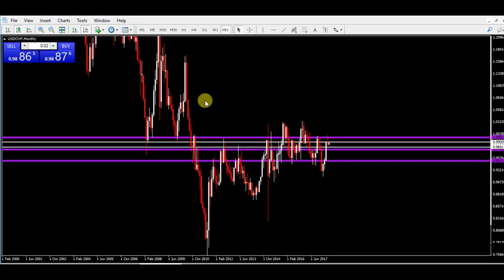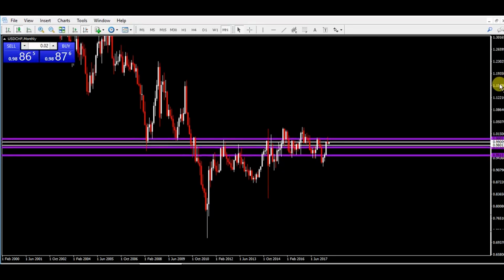We're looking at the higher time frame, just to get a bigger picture. This is the monthly. And let me just stop right there, a lot of which people do not look at. They ask questions like, what time frame should we look at to trade? What time frame should we analyze? 1 hour, 4 hour?